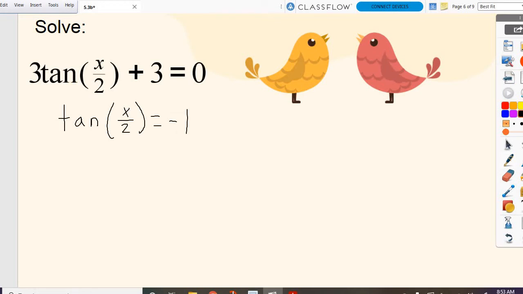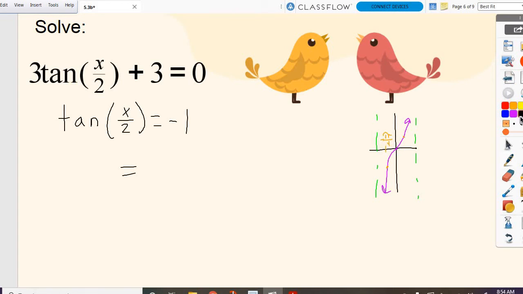And from there, again, we want to think about, okay, going back to our graph, remember that our tangent has asymptotes at -pi/2 and pi/2, which means that exactly halfway in between negative pi over 2 and 0 is going to be that point that we need, which is at negative pi over 4.